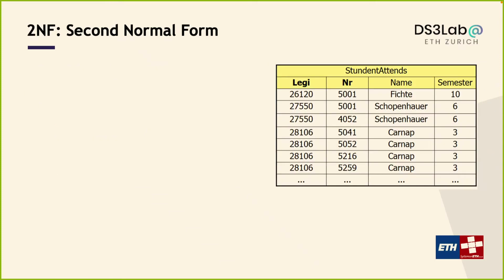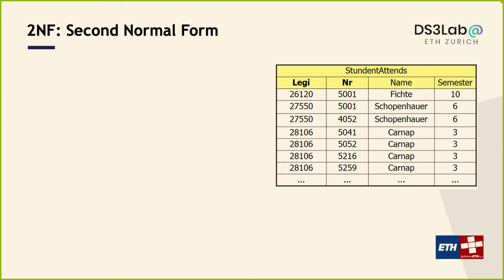Another normal form could be more interesting, and that's called second normal form. That's actually inspired by data redundancy inside a relation. So let's look at this relation. In this relation, we start to mix two pieces of information together. We have the information about the student, and we have the information about which lecture the student actually takes.